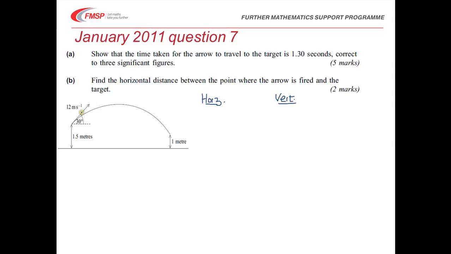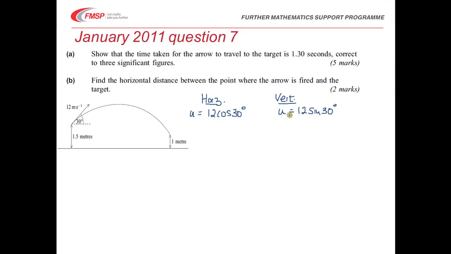So we are projecting the arrow with a velocity of 12 metres per second at an angle of 30 degrees. Initially our velocity is 12 cos 30 horizontally, and that means vertically it's going to be 12 sin 30. Just make sure you get those correct.